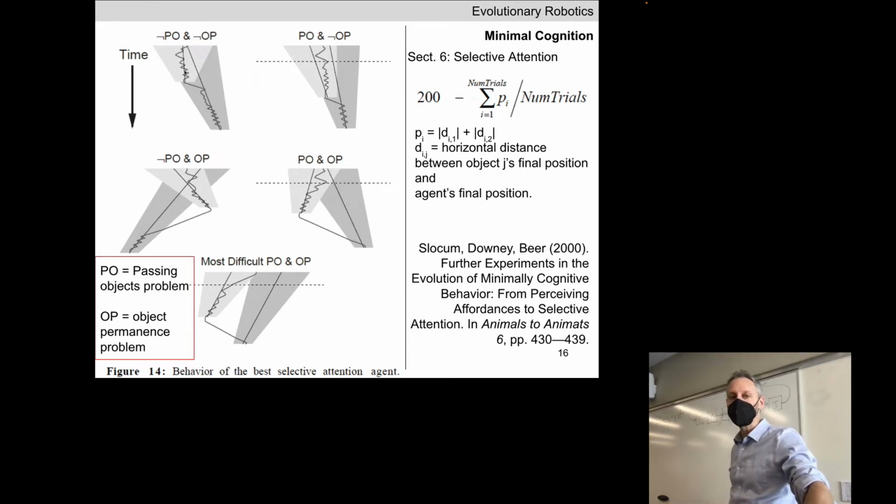So the trapezoids are overlapping at the bottom. At the moment that the first object hits, you can see the agent is actually right there. It catches the first object. And at that point in time, the agent's position is still inside of the darker trapezoid. It can still see the right-hand object, which is still falling.